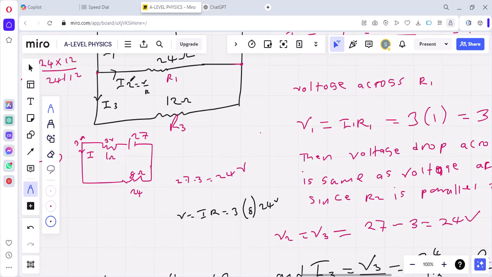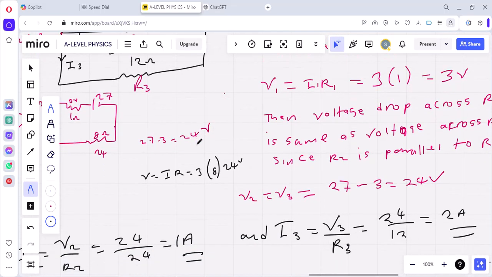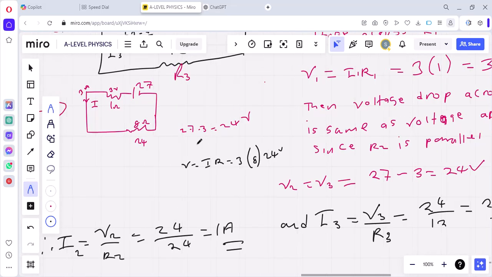This will give us current 2 equal to 1 amp. I've written it here. So current 2, that is 24 over 24, which will give us 1 amp.